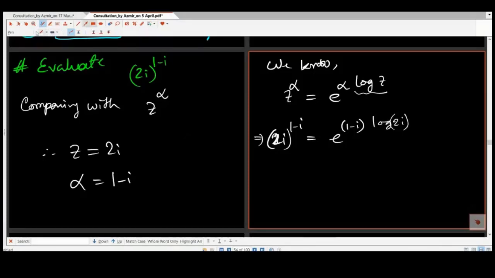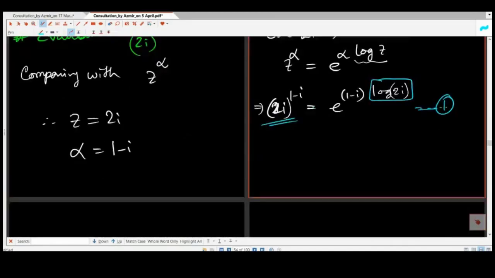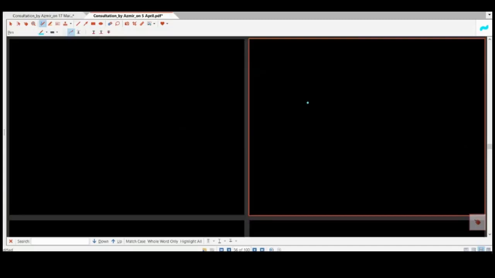Let's say this is equation 1. So this can be found if we have log 2i. We know how to find log 2i. That means now again the concept of complex logarithm is coming.